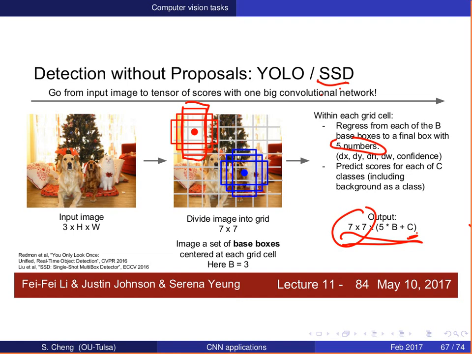Then you can compute the actual number of outputs, and you just build a big network and expect the output to be this big thing. Then you put in the training dataset and just keep training. That's YOLO or SSD. SSD is more or less similar also.